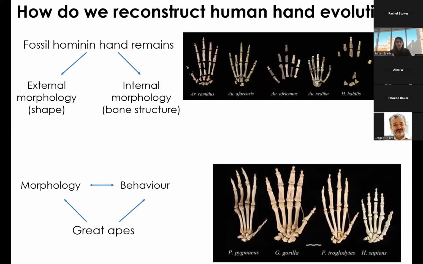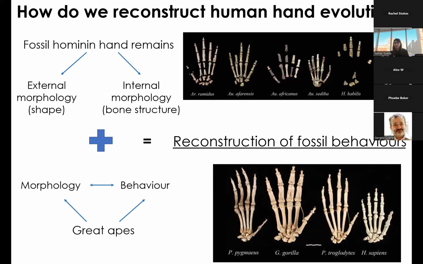So we can link these different bony features to what they're actually doing and how they're behaving, and that tells us the purpose of each distinguishing morphology. So if in the fossils you see a mix of ape-like and human-like signals, you can potentially weed out what the purposes of that morphology are. And that's how you can reconstruct fossil behaviors.